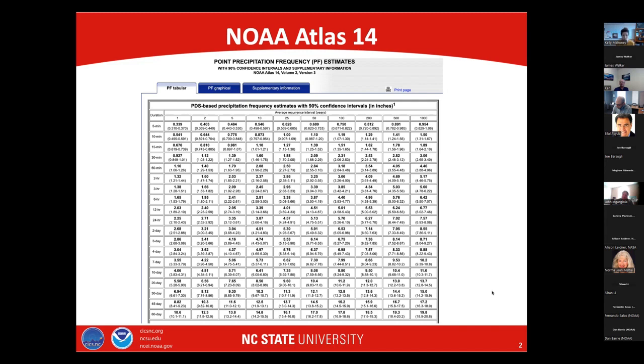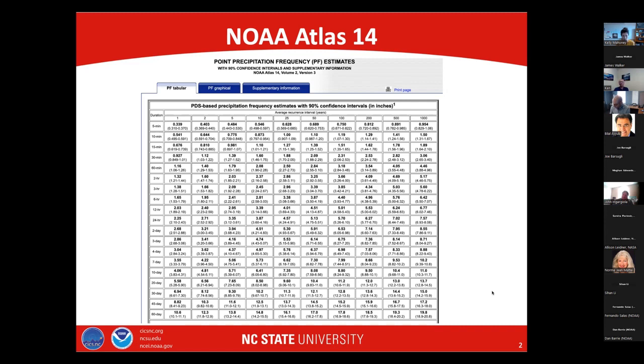So for example, what's the interpretation of that? If we take the 24-hour duration and the 10-year recurrence interval for Asheville, we get 3.87 on this table. What that means is that a precipitation amount of 3.87 inches over a 24-hour period occurs on average about once every 10 years.